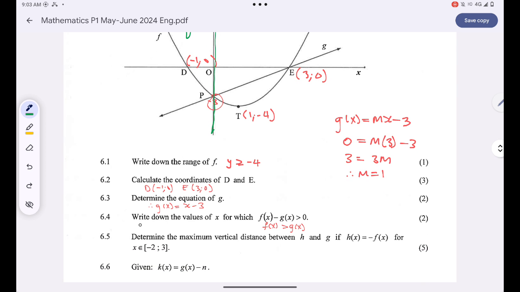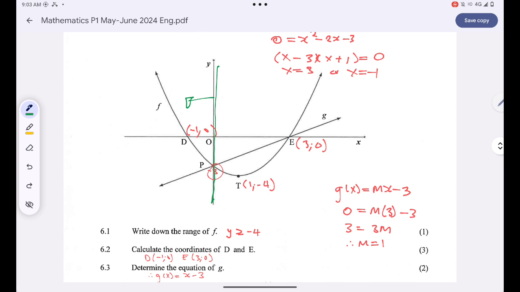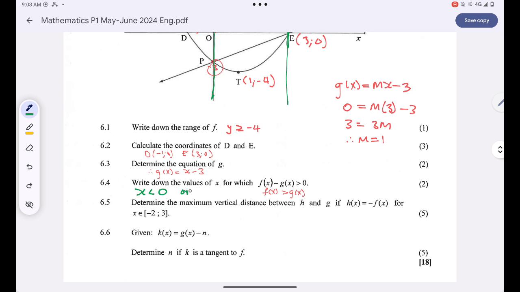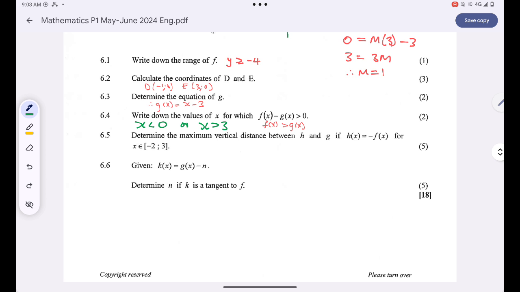So the first solution is x is less than 0. And then from this point of intersection moving towards the right, I can see that the graph of f of x is above the graph of g of x. So when x is greater than 3, those are my two solutions.